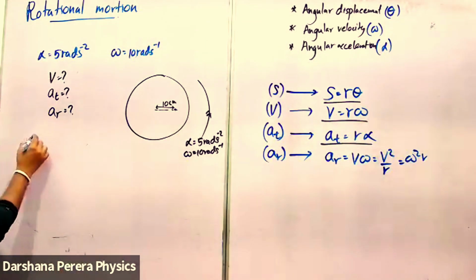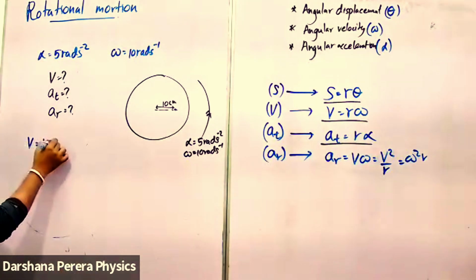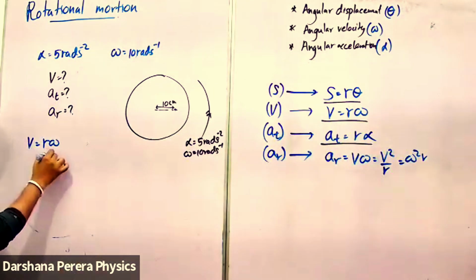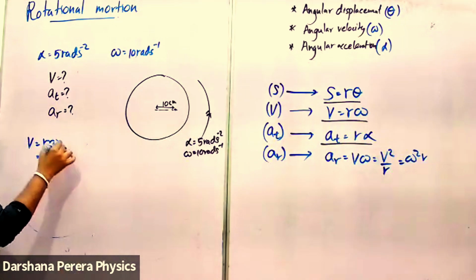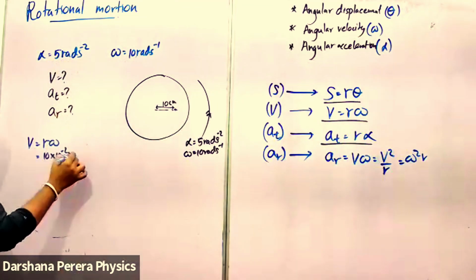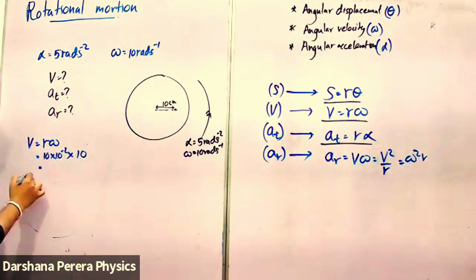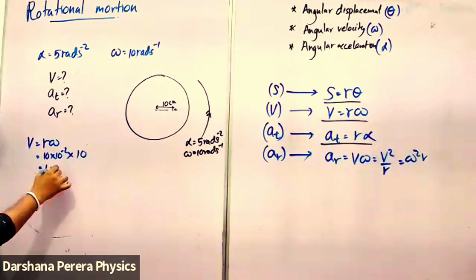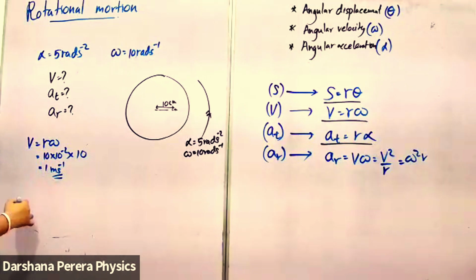We want to find V. Therefore, V equals R omega. R means 10 centimeters, that means 10 to the power minus 2 meters. Omega means 10 rad s^-1.